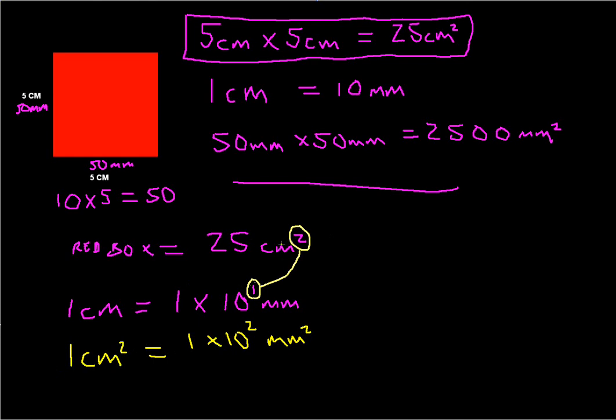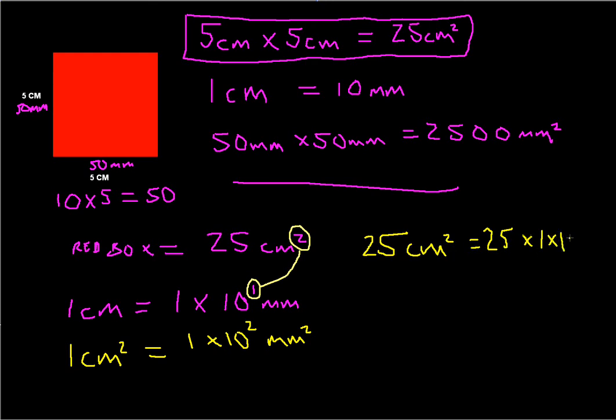Now all we can do is do exactly the same as we've done before. So we know that 25 centimetres squared equals 25 times, running out of space here, 1 times 10 to the 2 millimetres squared.